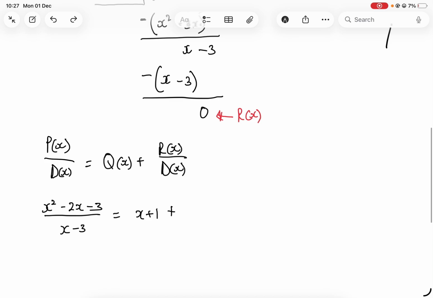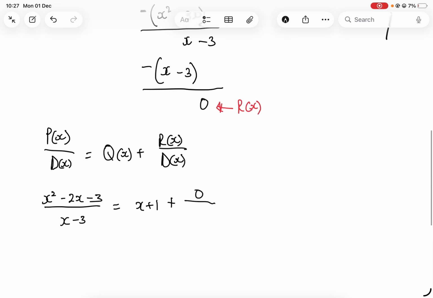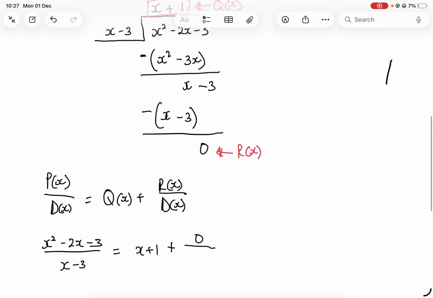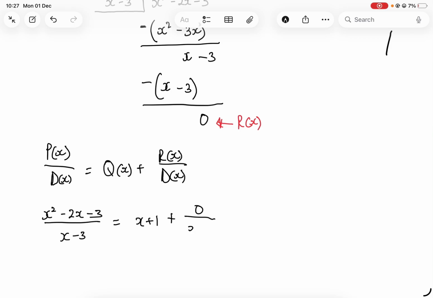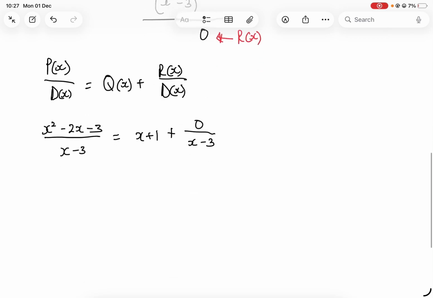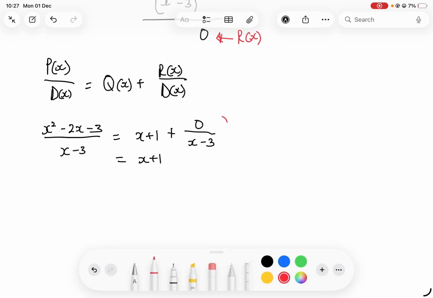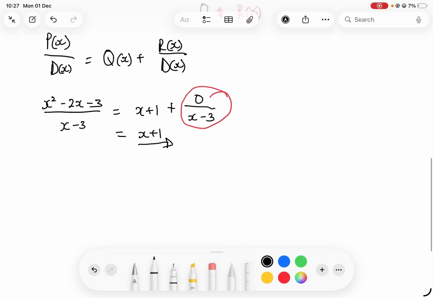So my r of x is 0. My d of x is still x minus 3, right? So which means now I have x plus 1. Since 0 is in the numerator, now I'll only have this as my answer.